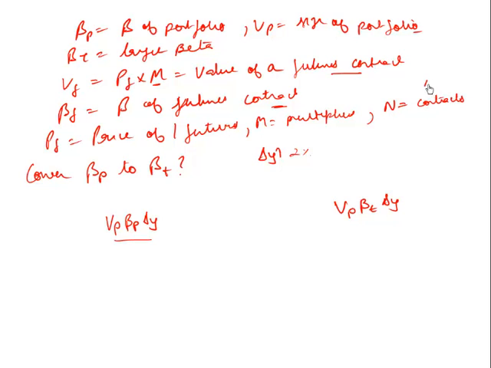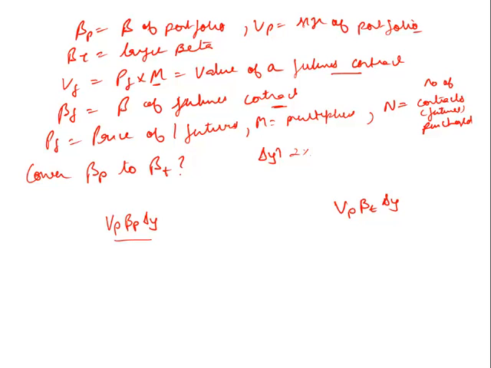So n is the number of futures contracts purchased. So let's assume N we assume to be long. So we long N contracts. If we need to short, automatically N will come out to be negative. So it doesn't matter whether you start with a long or short assumption.